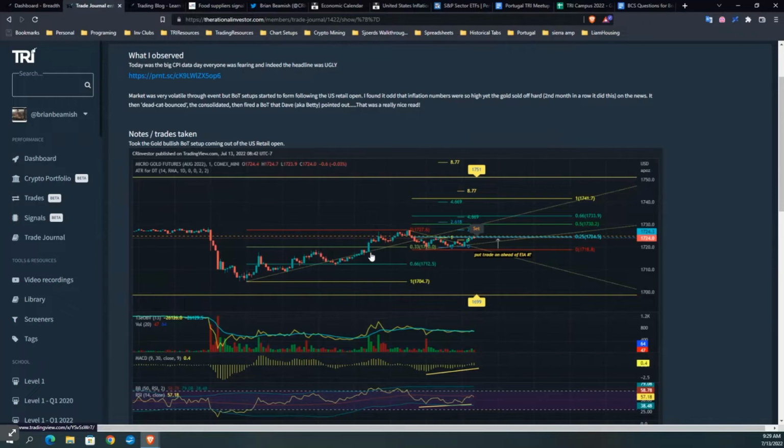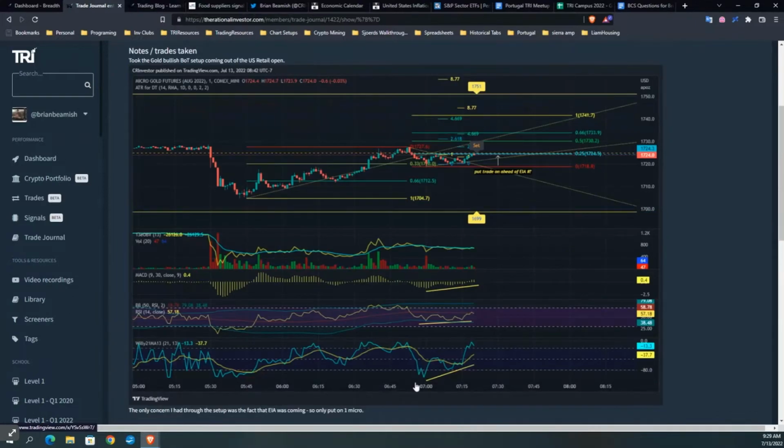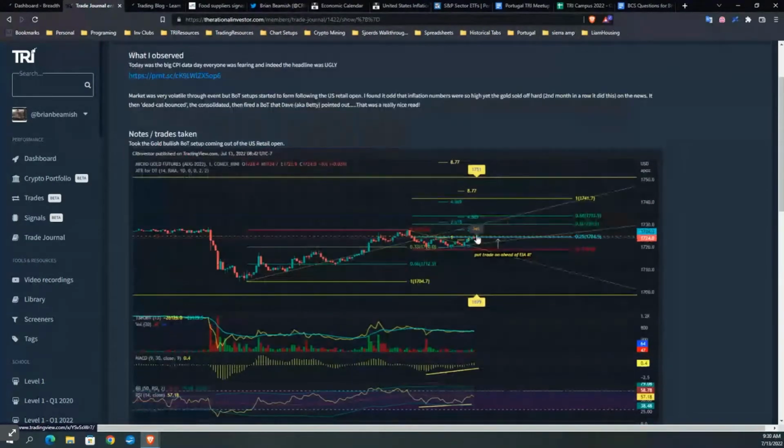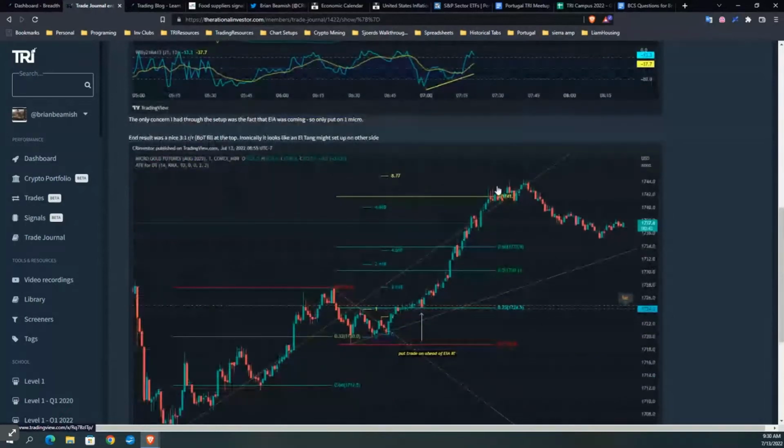And then it sort of firms up, then starts going sideways as the North Americans wake up, get ready for their trading day, and they're like, oh, that's an ugly inflation number. I should go and buy some gold. And then all of a sudden, mysteriously, up goes the gold market through the day.